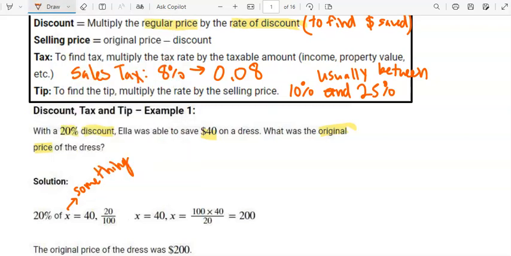To get x by itself, you multiply each side by the reciprocal, 100 over 20.